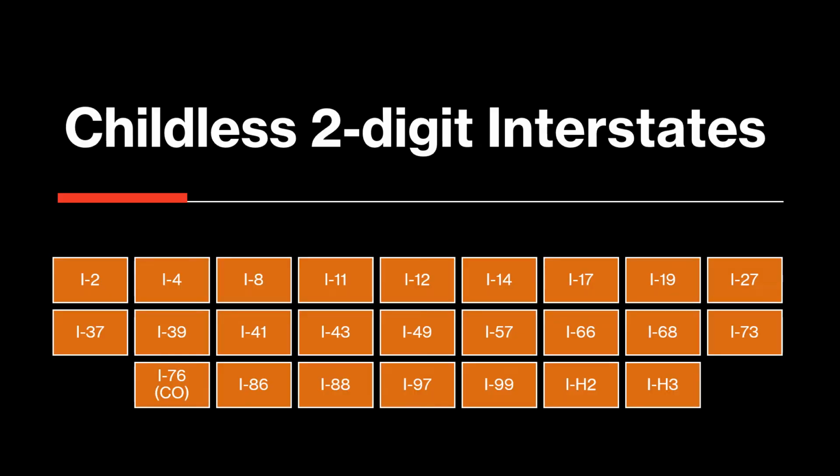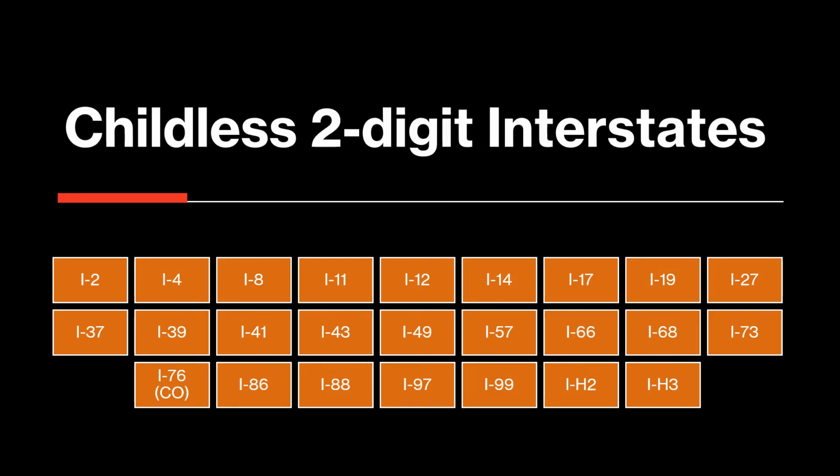All right, childless two-digit interstates. These are one or two-digit interstates actually, but these are the interstates that do not have any three-digit interstates that spawn from them.